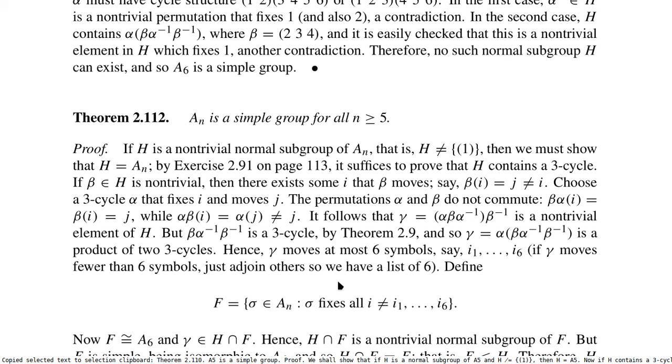Now it follows that you have some gamma, another element of H, written in this interesting way, the commutator of beta with respect to alpha: alpha beta alpha inverse beta inverse. So it's a non-trivial element of H. Now beta alpha inverse beta inverse is a three cycle, right?